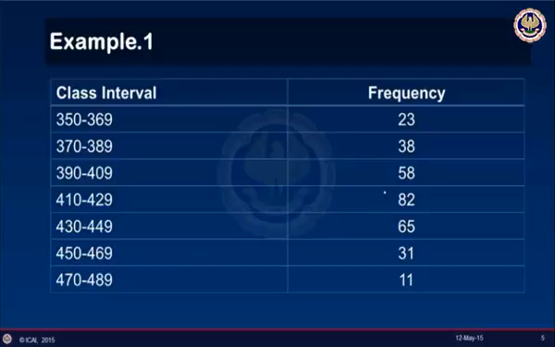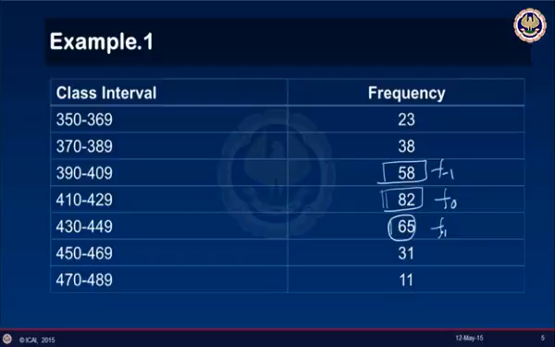The highest frequency gives the modal class, which is F0, the pre-modal class above it is F minus 1, and the post-modal class is 65, which is F1.